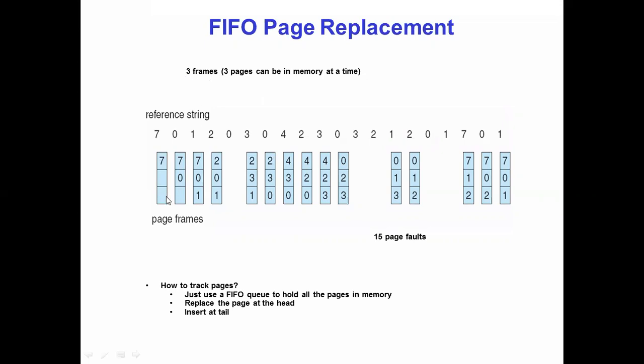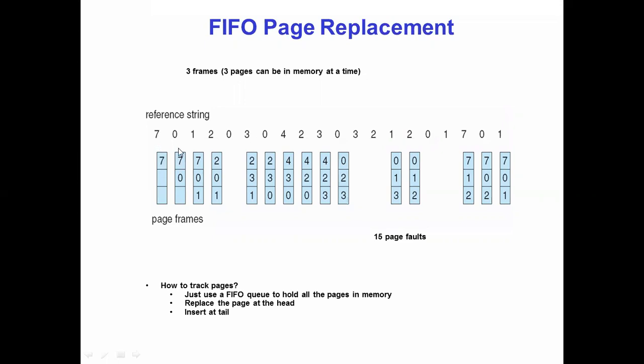We can also use 4 frames, then it may be divided into 4 rows. Now we are using 3 frames, and here we can see 7 0 1 2 0 3 0 4 2. You can see how it is going into the page frame. First one is 7.